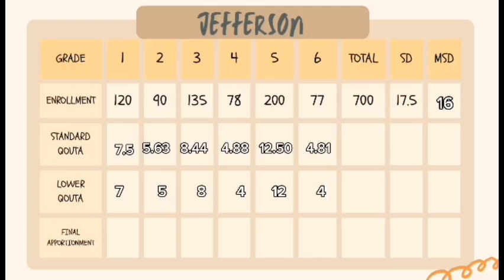Kung ito total mo yung nakuha nating lower quota is mag-i-equal yan siya sa 40. So, magpa-final apportionment na tayo. Ikakopy mo lang yung 7, 5, 8, 4, 12, 4, kasi nag-equal siya sa 40 na teachers na i-distribute sa grades 1 to 6. That's the Jefferson's method. Always remember na yung sa Jefferson method is yung lower quota yung hinahanap natin.